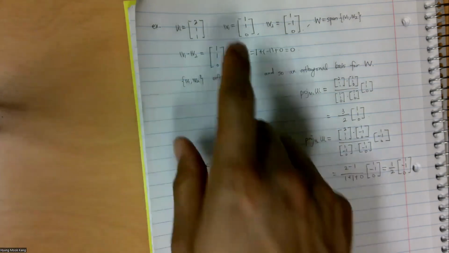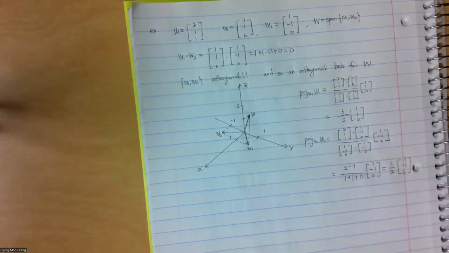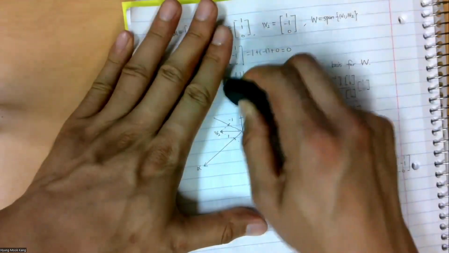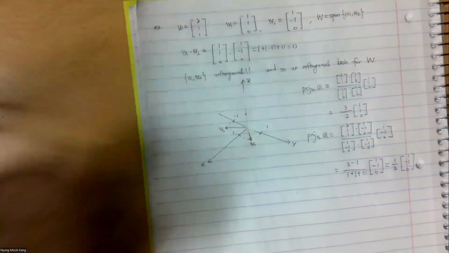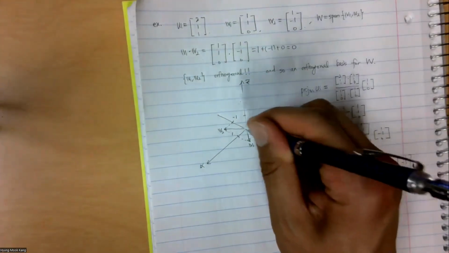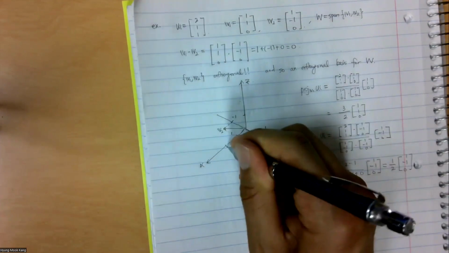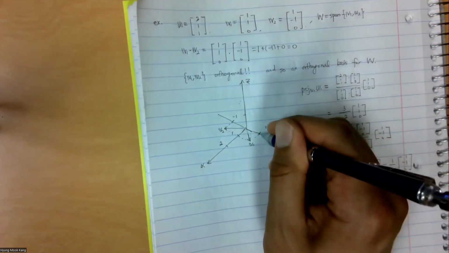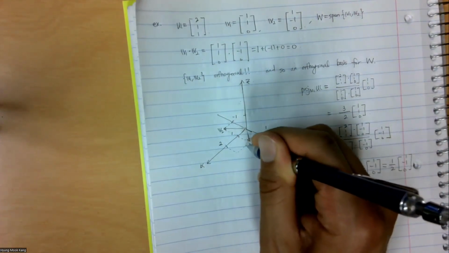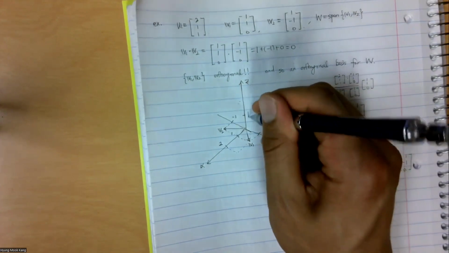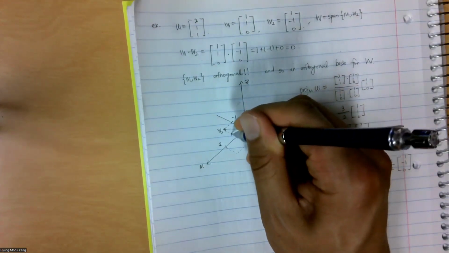Oh yeah, so it's (2, 1, 1), right? So the picture should be: the x coordinate is 2, the y coordinate is 1, and the z coordinate is 1.